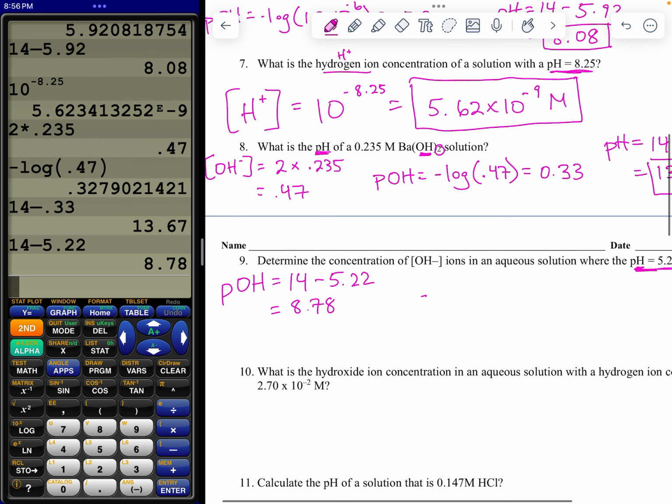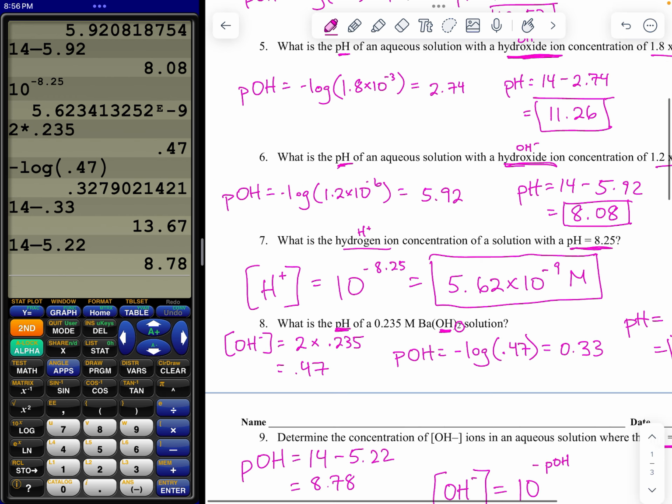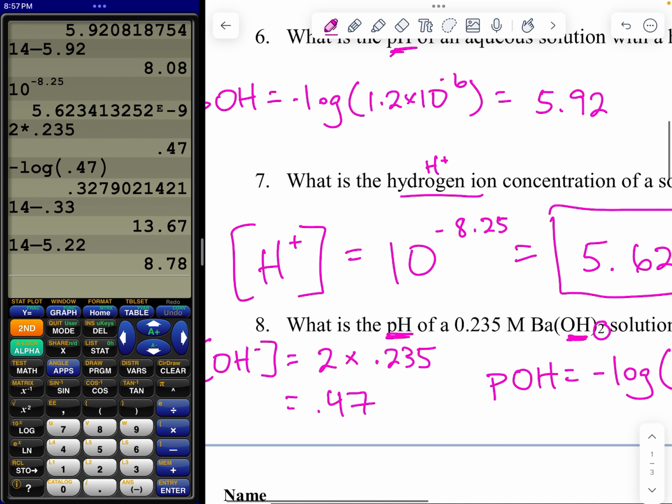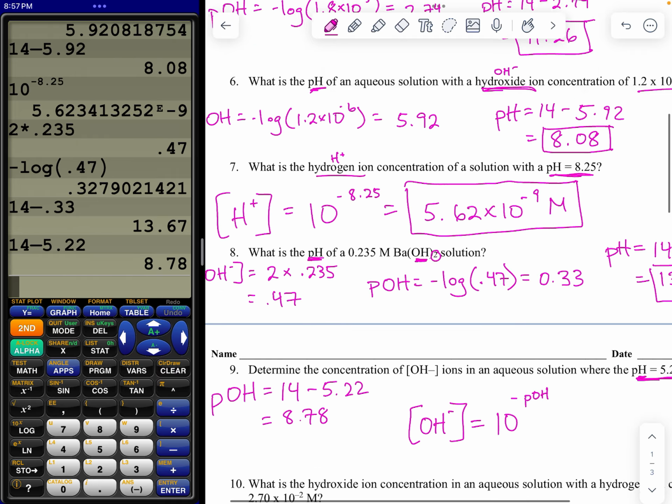If I'm trying to find the concentration, I have to take 10 to the negative pOH in this case. Before, we took the negative pH when we were finding the H concentration.